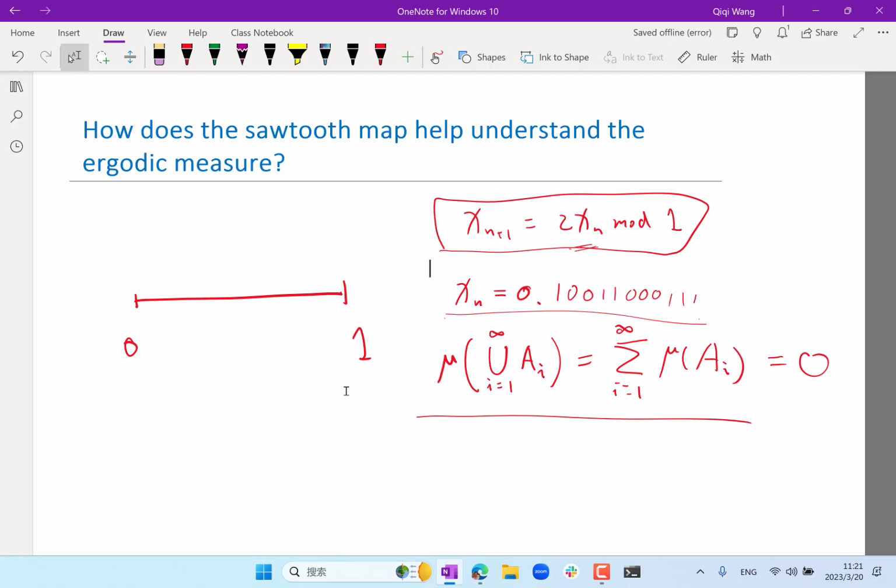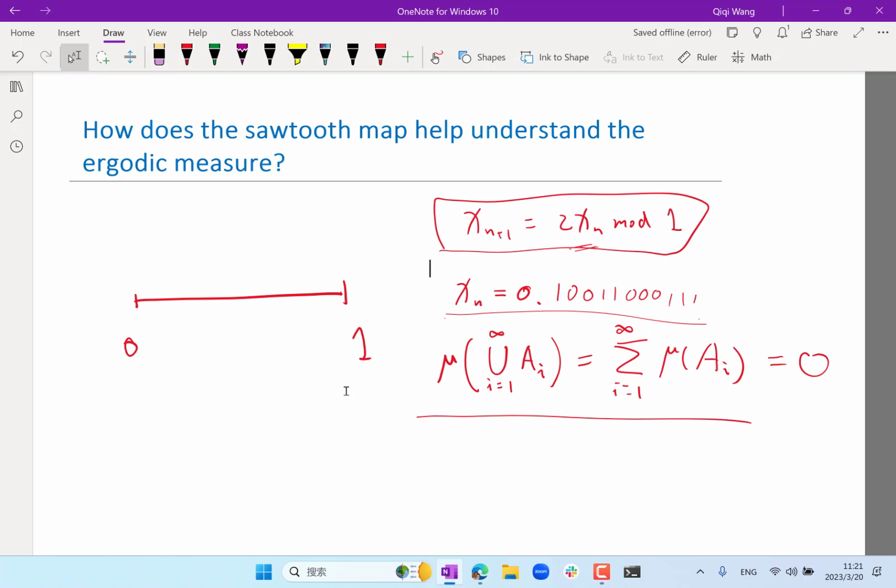Now, if you think about a long trajectory, let's focus on each digit of a long trajectory. For the most significant digit, what is the likelihood of it being 1 over an infinitely long trajectory? Half, right? Because this got shifted after one iteration, the second digit becomes this digit.